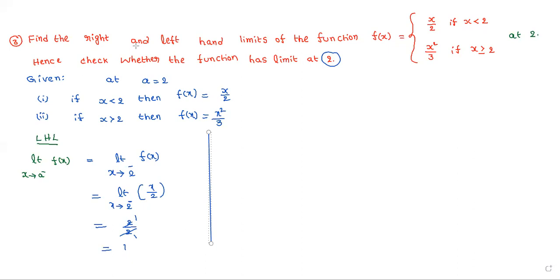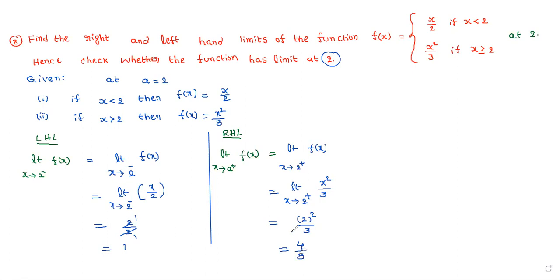Next, RHL. Limit x tends to 2 plus f of x, more than 2 value, x square by 3. Substituting x value 2, 2 square by 3, that is value 4 by 3.